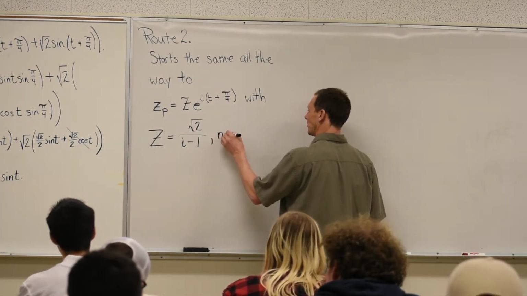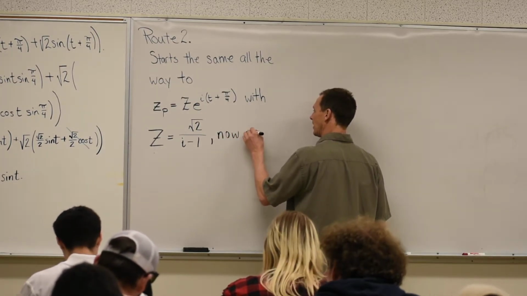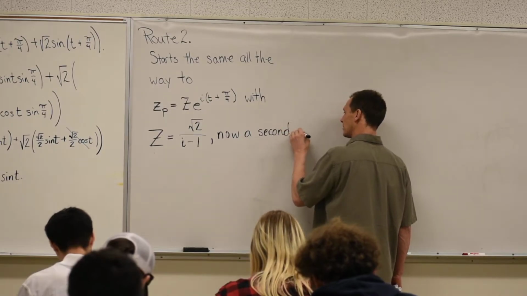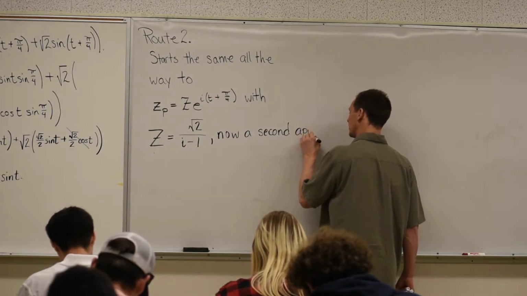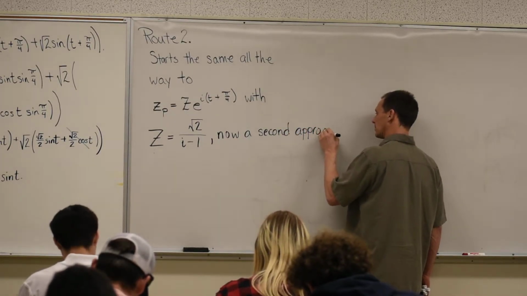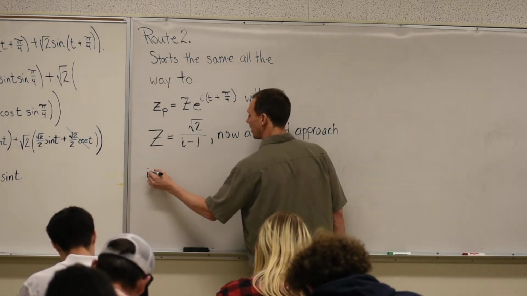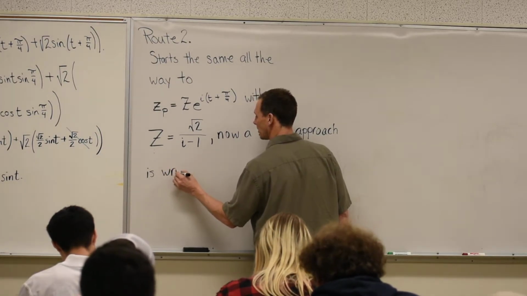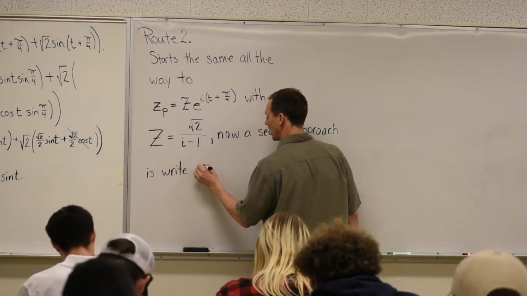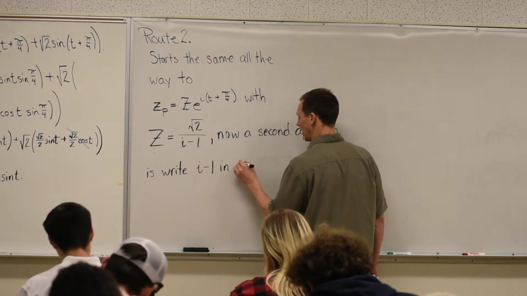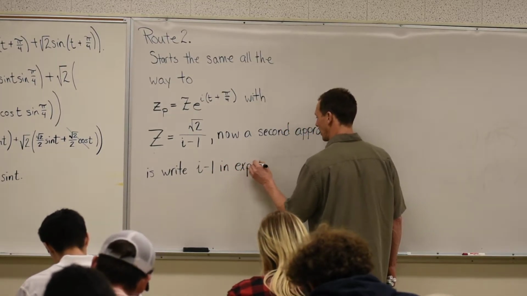Now a second approach. The second approach is to write i minus 1 in exponential form.